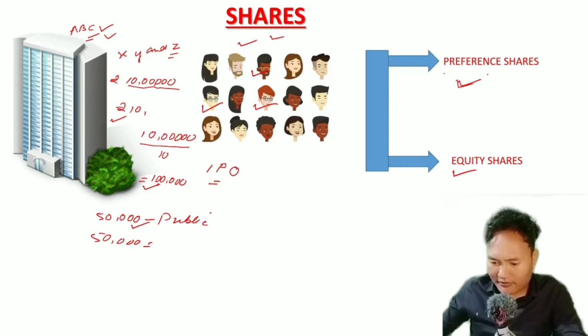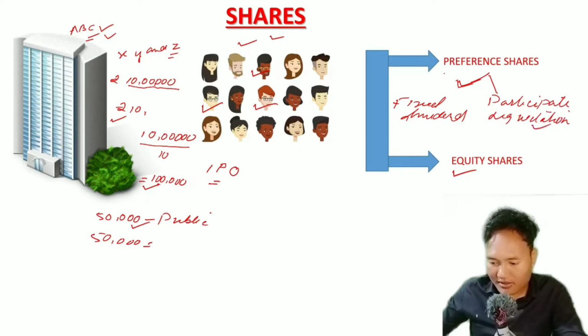The first is to have a fixed dividend, and the second is that they can participate during the liquidation of the company, in the assets of the company. It means during the shutting down of the company, the preference shareholder has the right to participate in the assets of the company. Another is equity shares, which we'll discuss in the next slide.